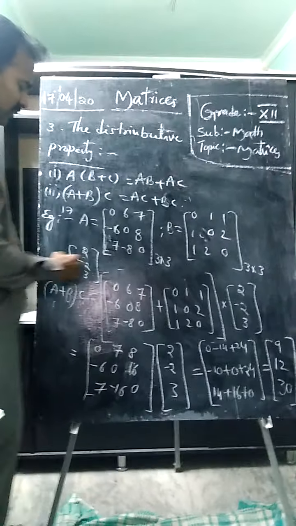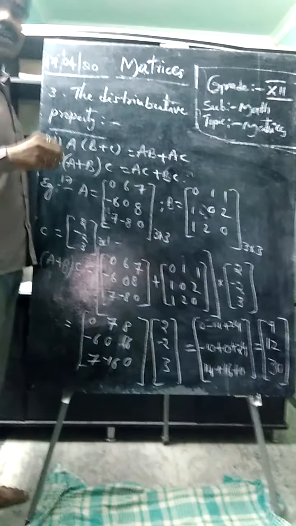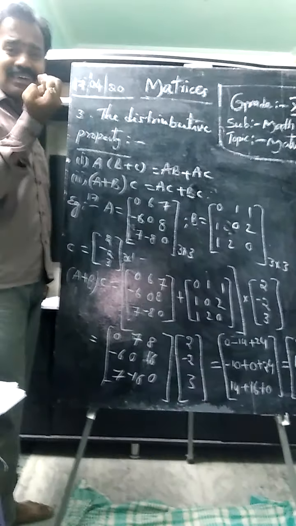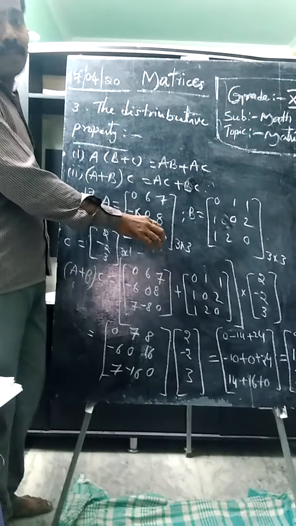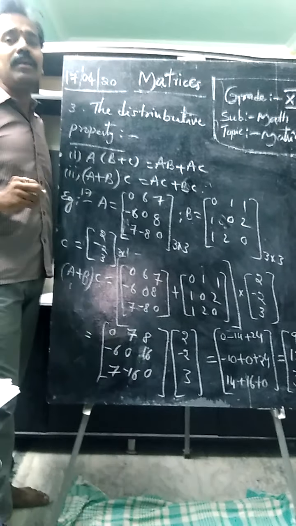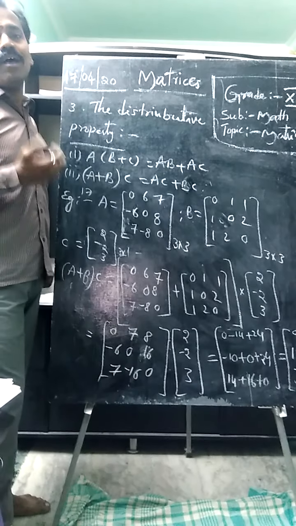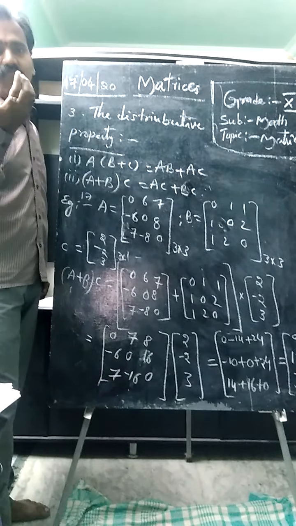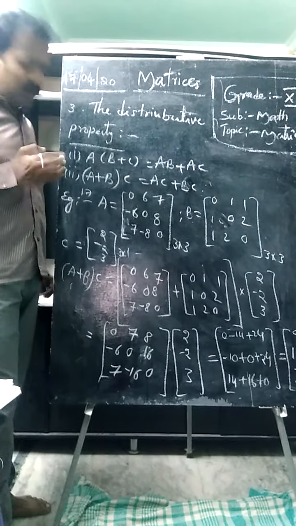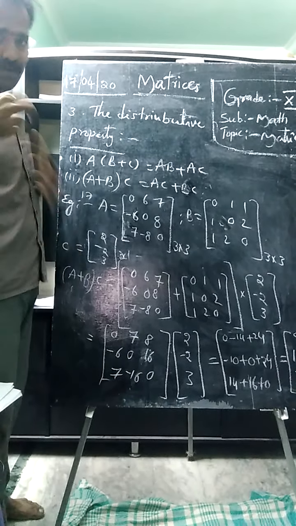But the C matrix is 3 rows, 1 column, because we should take or consider matrices where these properties exist. To multiply two matrices, or to add two matrices, they should follow some rules and properties. That is why we never do it without applying that property.